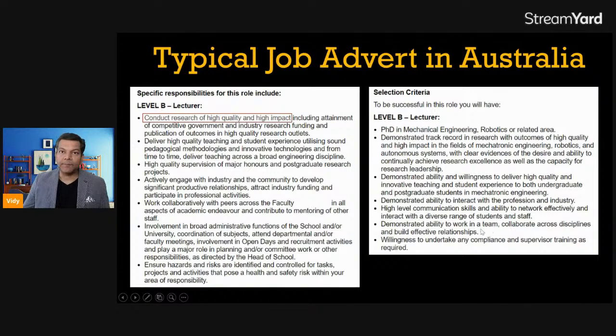Ability to work in a team. One way that you can demonstrate your ability to work in a team is if you co-author publications. You can use publications as an example to show your capability to work in a team.